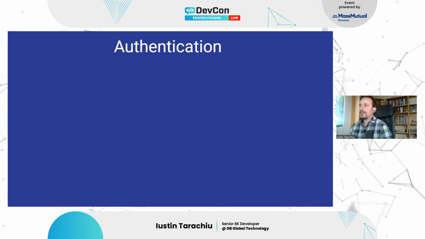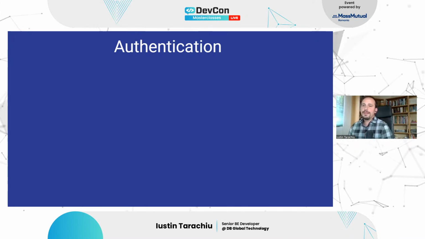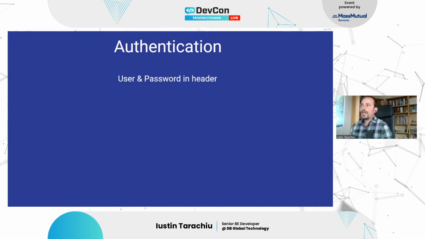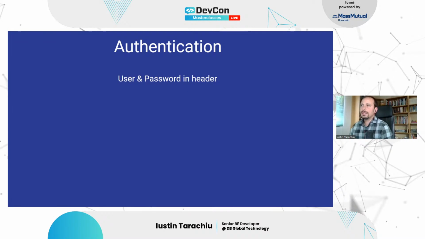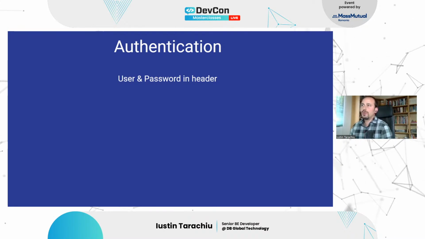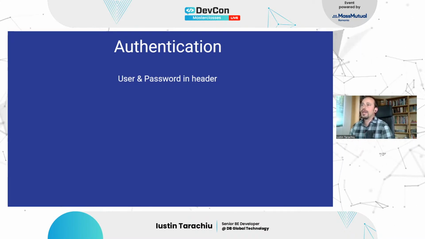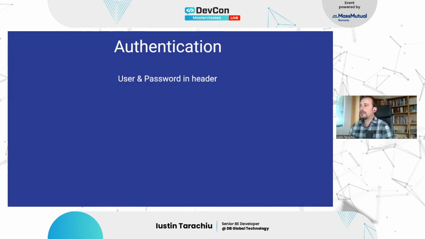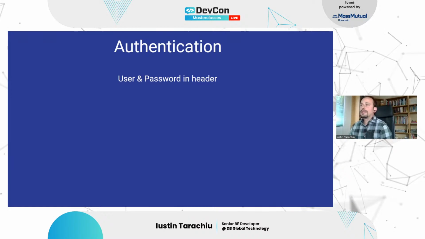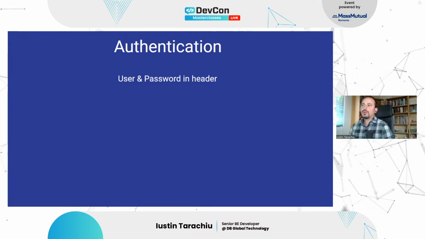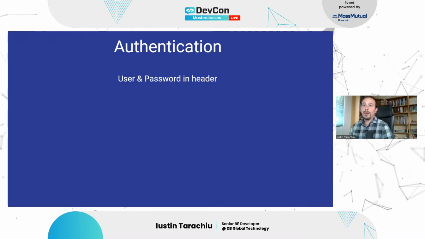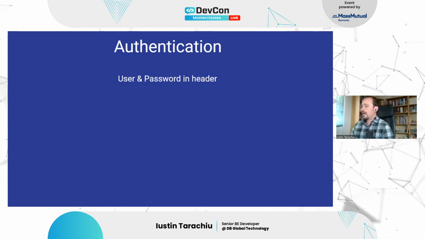But in the microservices world, this is not that easy. We can enforce it in multiple ways. One of them is to include a username and password in the header for each call, but this would mean that we would have to manage users and passwords by ourselves.